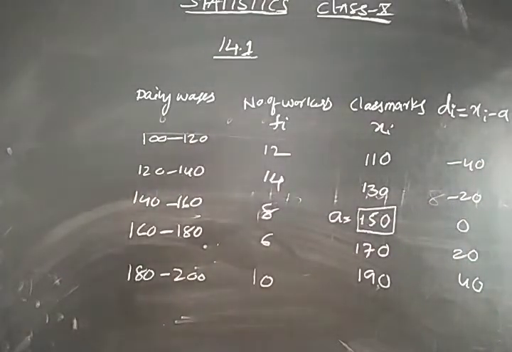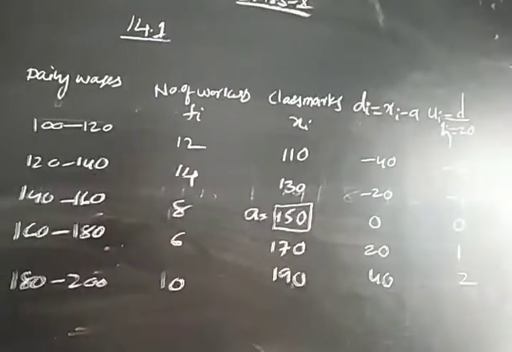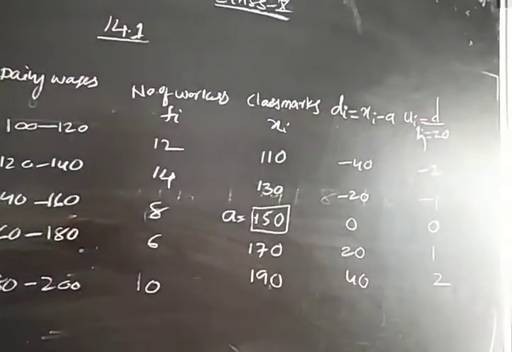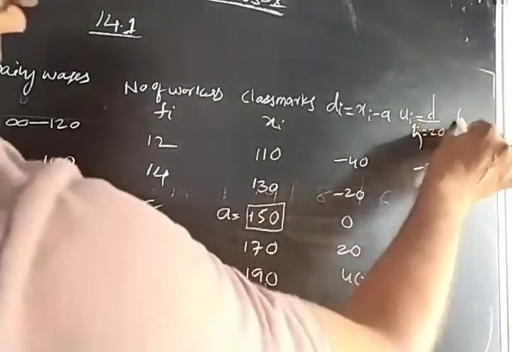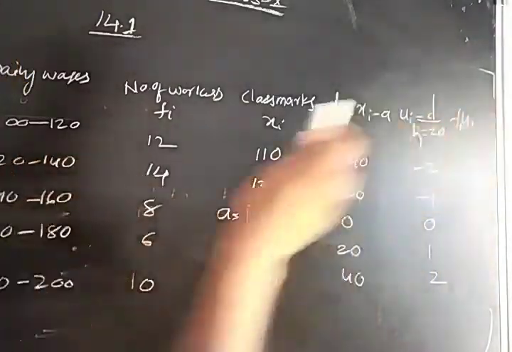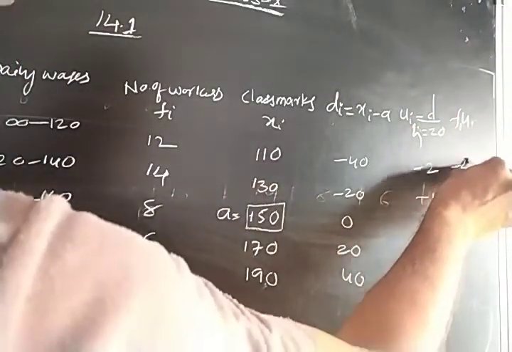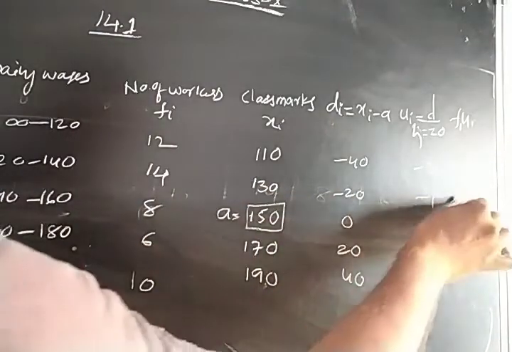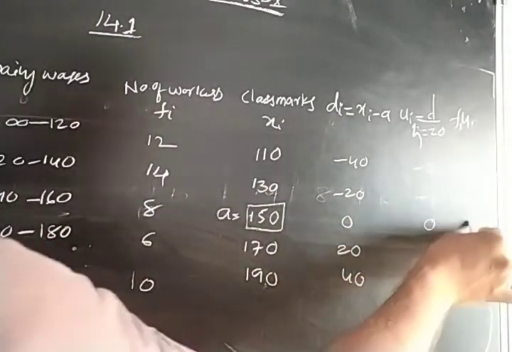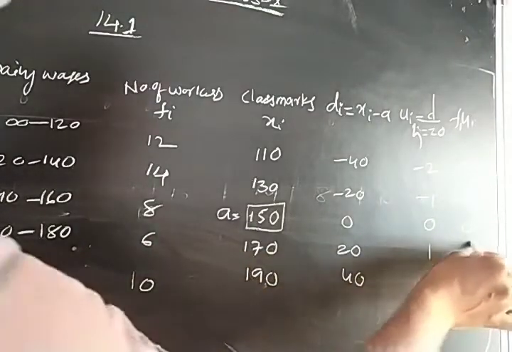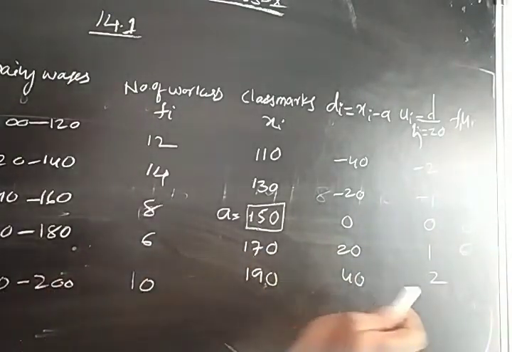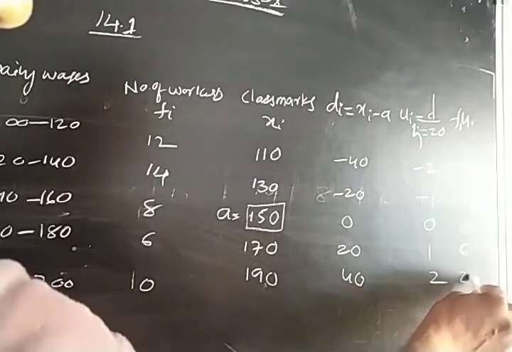After getting Ui, we have to find Fi into Ui. 12 times minus 2 is minus 24. 14 times minus 1 is minus 14. Then 0. Then 6. 10 twos are 20.